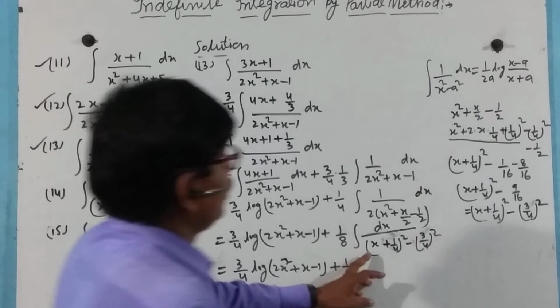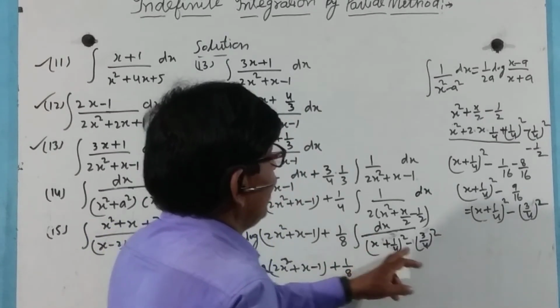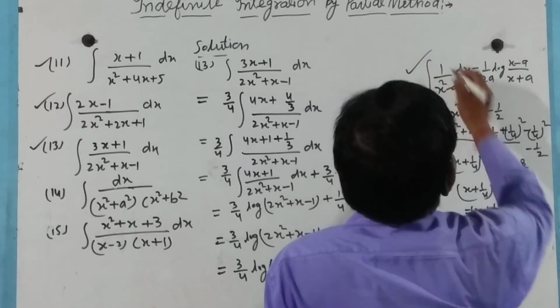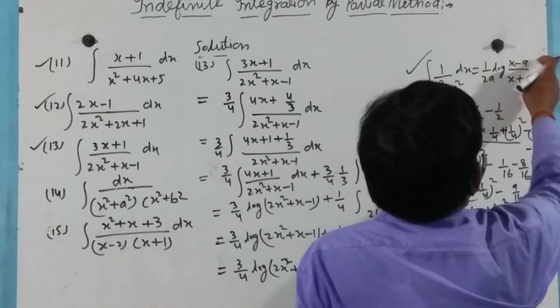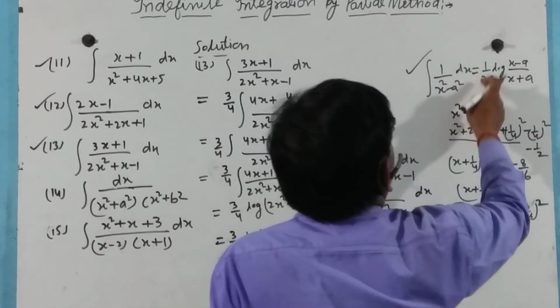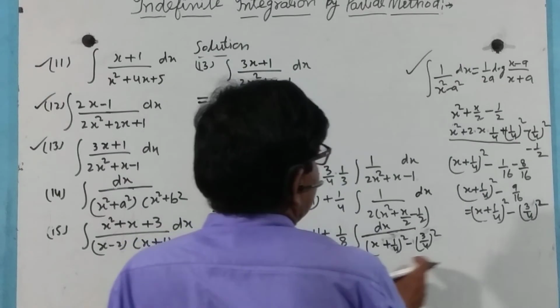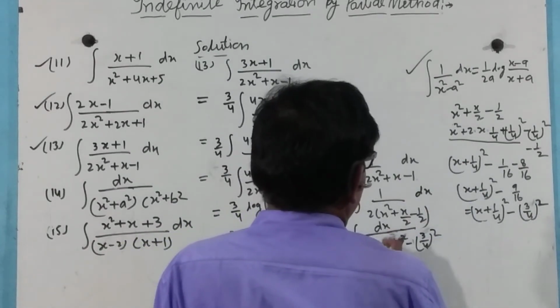Now I know that the integration of 1 by (x square minus a square) dx equals 1 by 2a log ((x minus a) divided by (x plus a)). In this case 2a is equal to 3 by 4, a equal to 3 by 4, and x is equal to x plus 1 by 4.